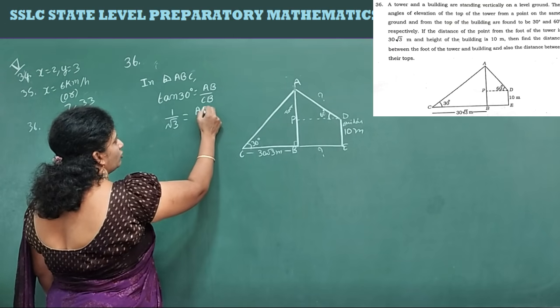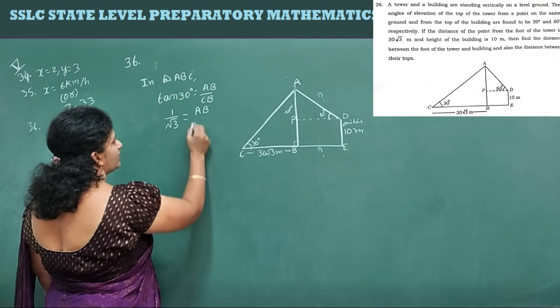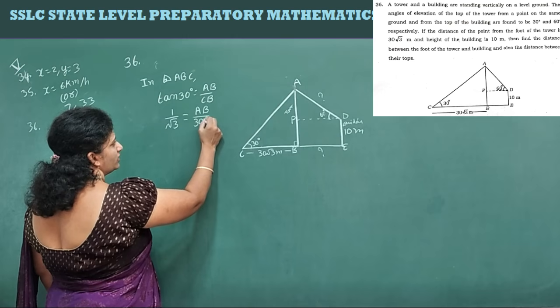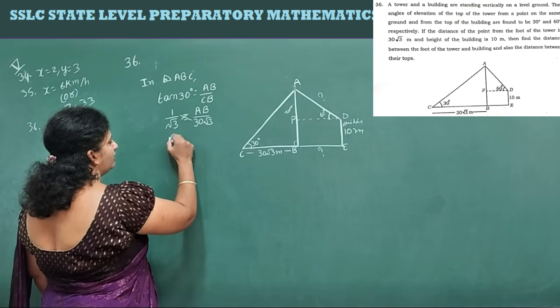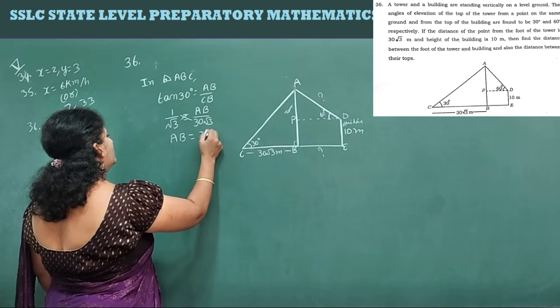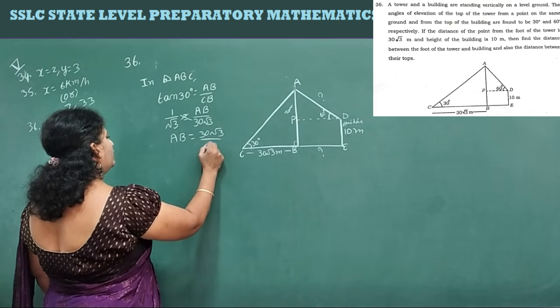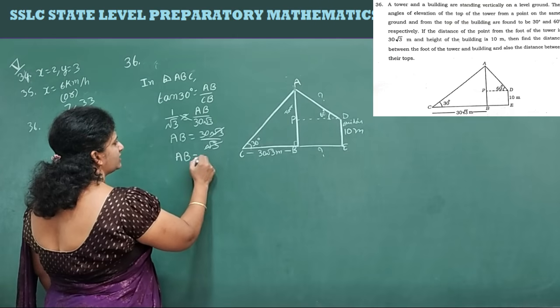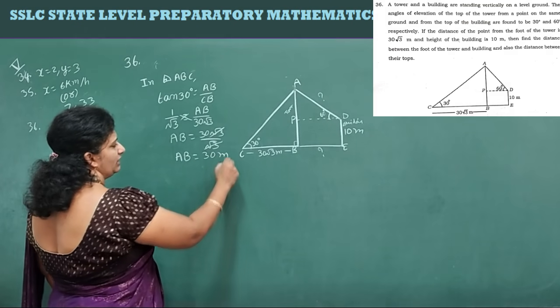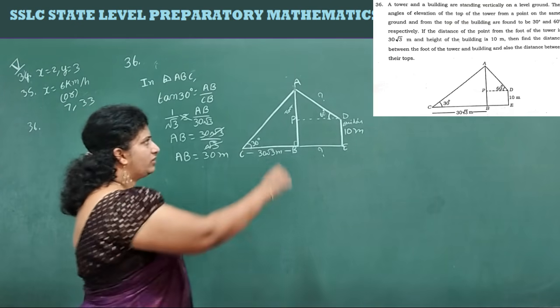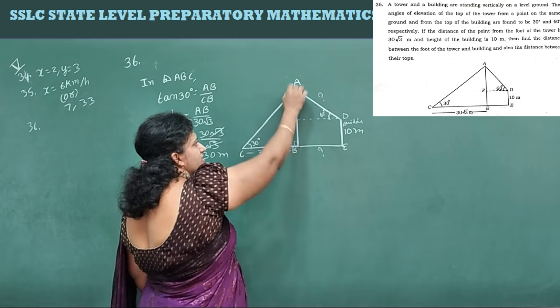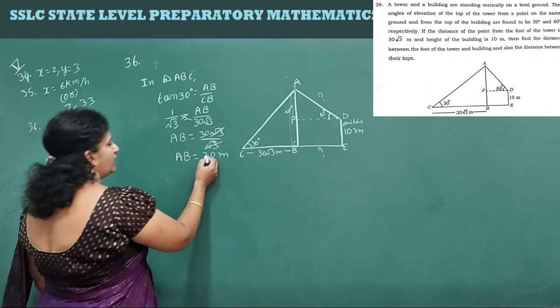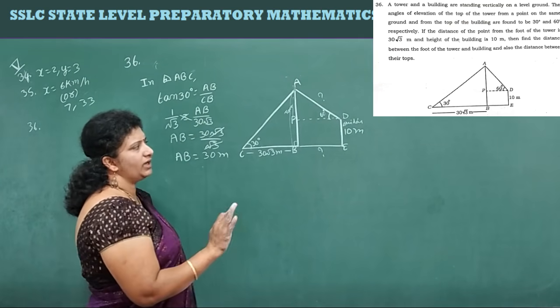AB, I don't know AB. CB is 30 root 3. Now cross multiply. AB is equal to 30 root 3 by root 3. Root 3 cancel. What is tower height, children? 30 meters. Look here, from here to here it is 30 meters. AB is 30.